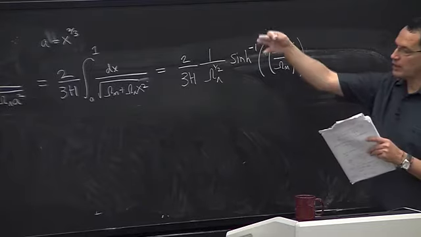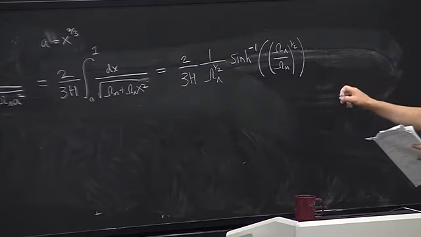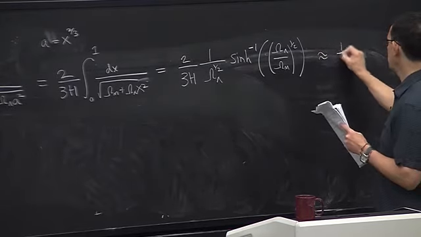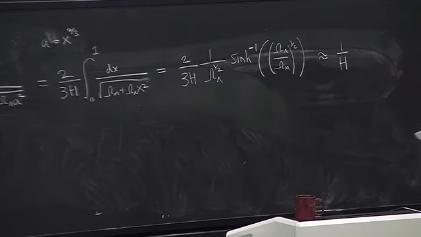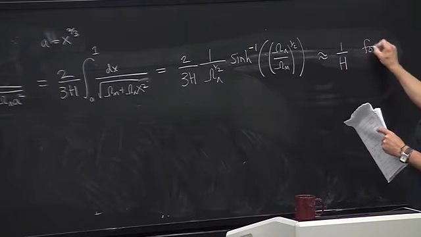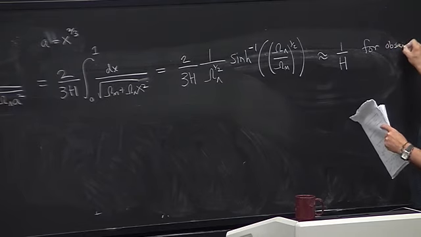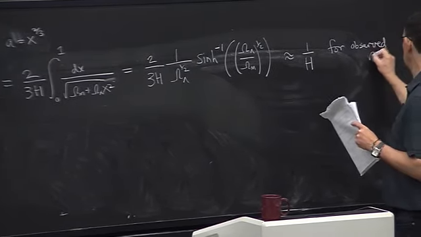And when you put in all the numbers that I gave you for omega lambda and omega matter, it turns out this is 1 over h for observed values.